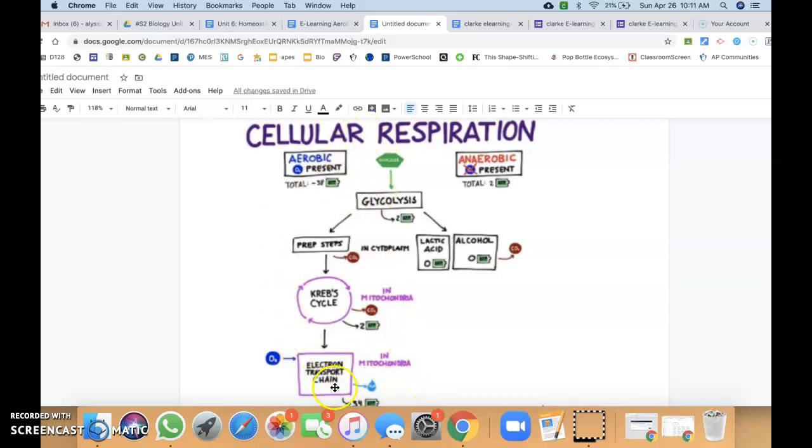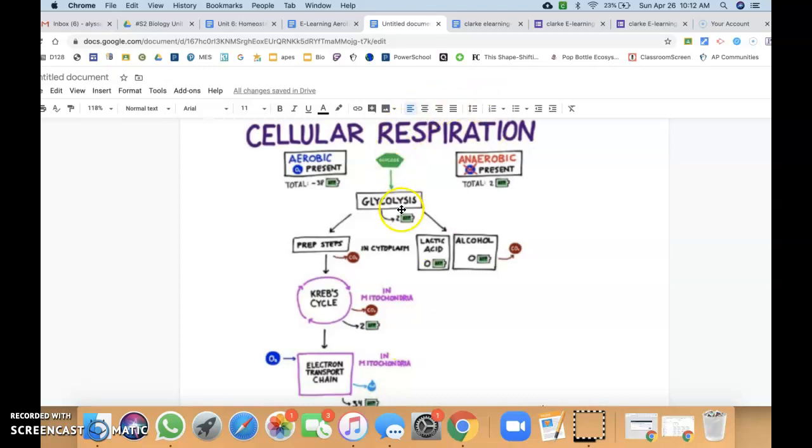And again, we have 34 down here for the electron transport chain. You'll see a fluctuation on different diagrams, but as long as you understand that the amount of ATP produced is over 30, that's the main point of respiration. So aerobic respiration is going to produce ATP in the numbers 30 and above, so anywhere between 30 to 38-ish.